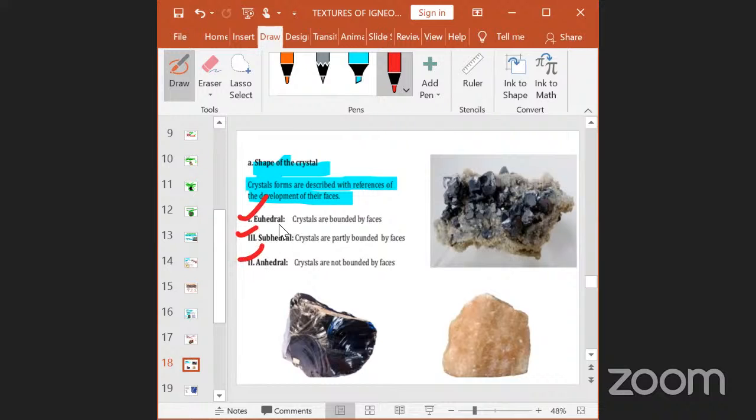So what is euhedral? Euhedral means crystals are completely bounded by crystal phases.